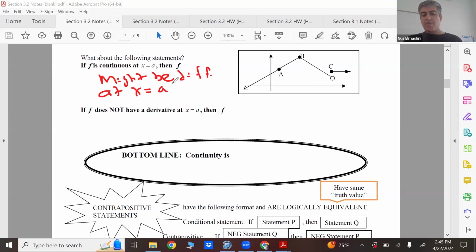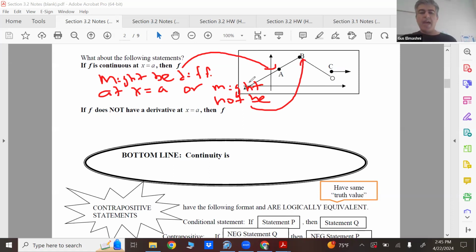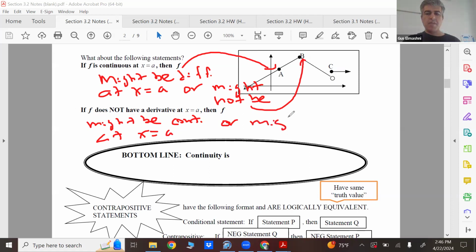If f is continuous at x equals a, it might be differentiable there, or it might not be. That's true over here, but not true over there, because at sharp corners you're not differentiable. And if you don't have a derivative, then f might be continuous or might not be.